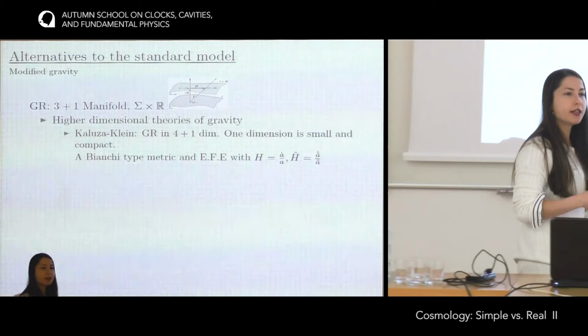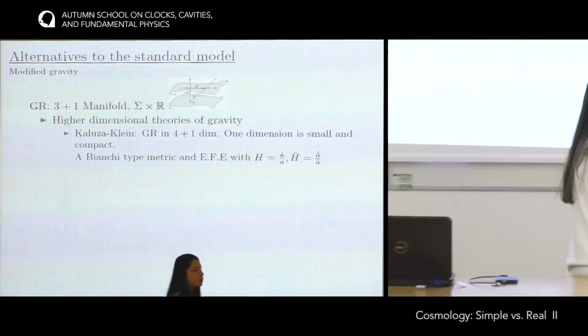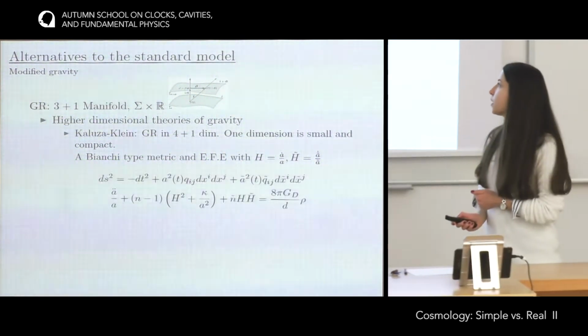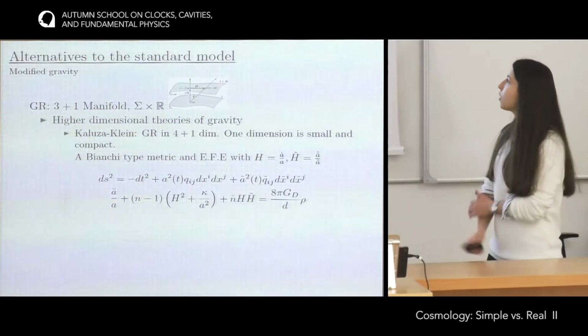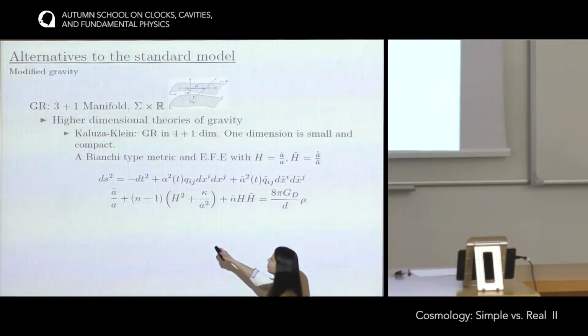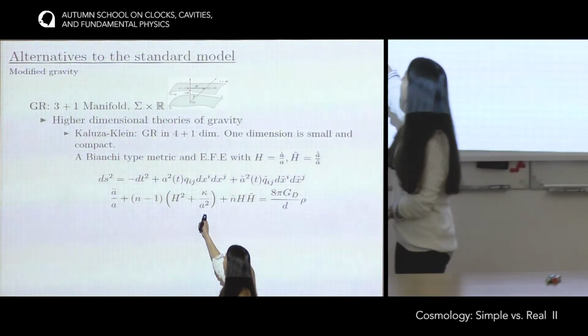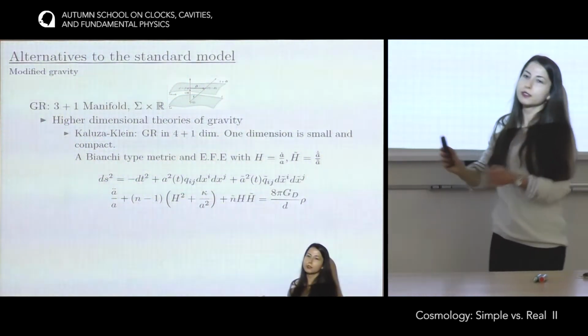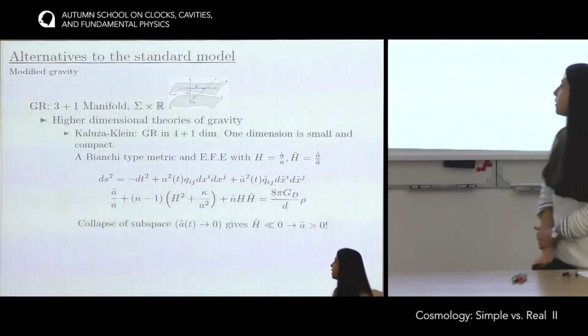You can have another Hubble parameter, tilde H, for this extra very small dimension. Then you write your Einstein equations with the scale factor. So this is just one of them, with the scale factor and Hubble parameter of the physical universe, and this extra small dimension.